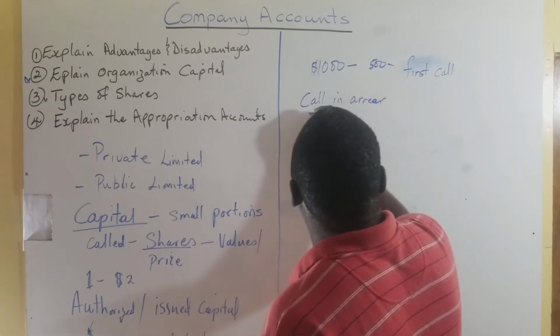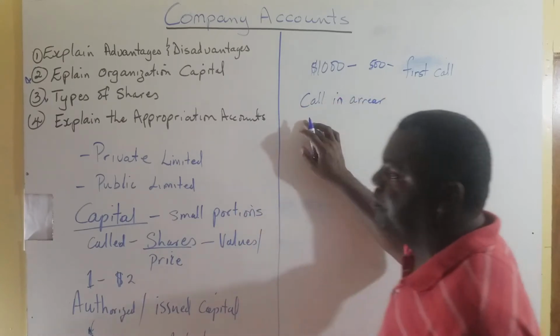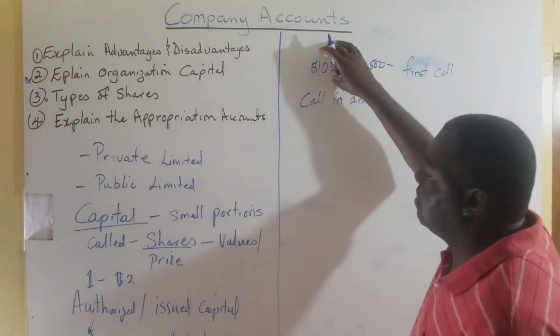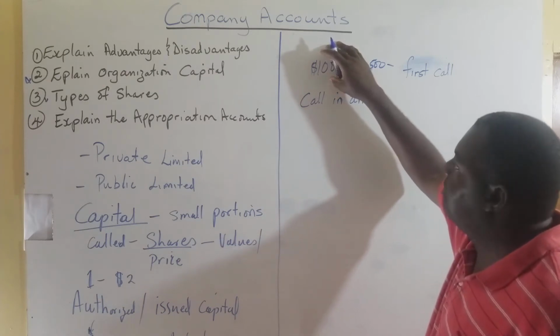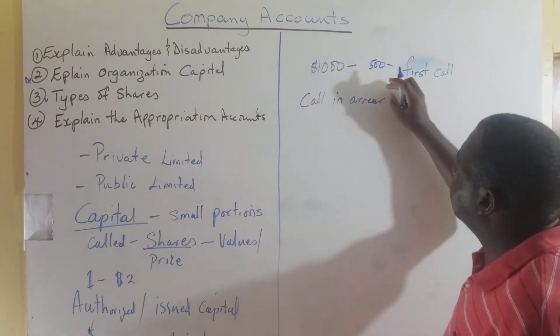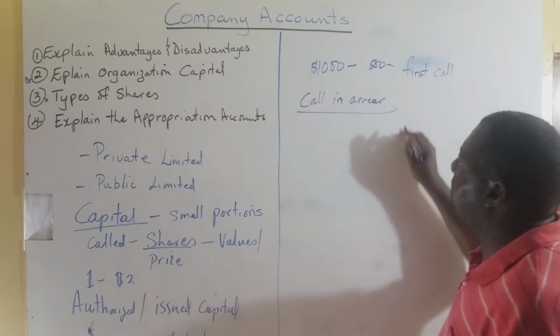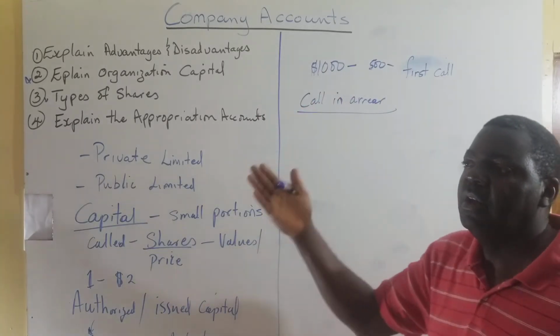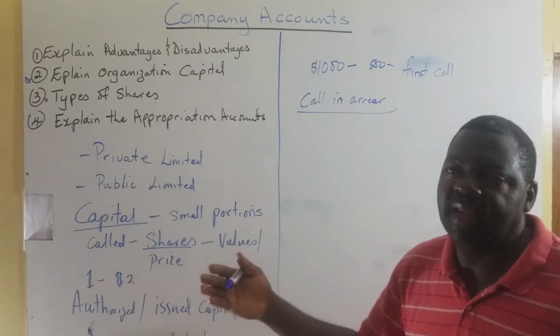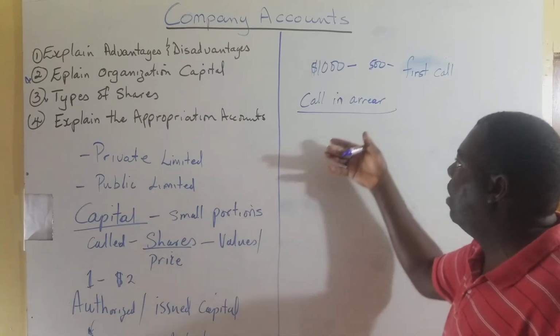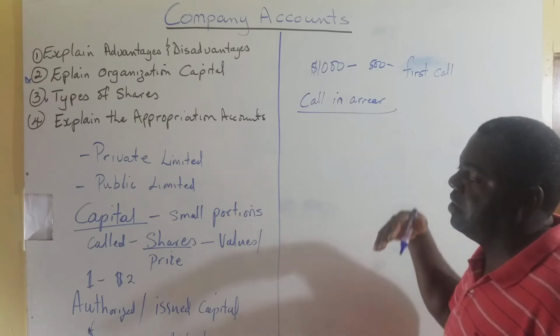It means that they have sent to you and asked you to pay up of the total value allotted to you. They indicated that you should pay the 500 and you did not pay, so it is a call in arrear. That means they call for the money, but you did not pay at the time given, so you are owing, right? It's a call in arrear.